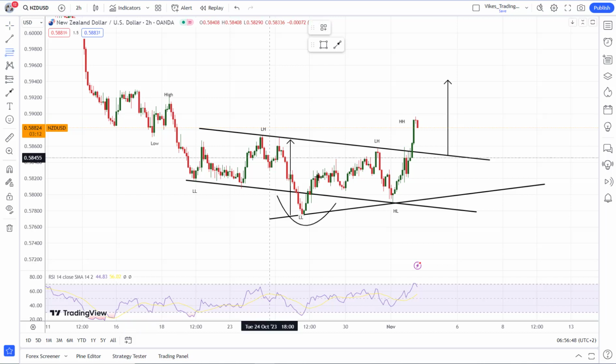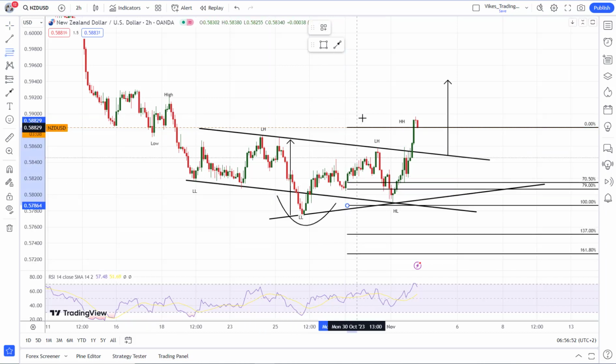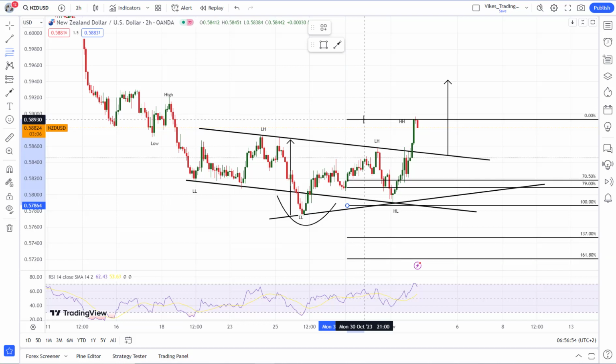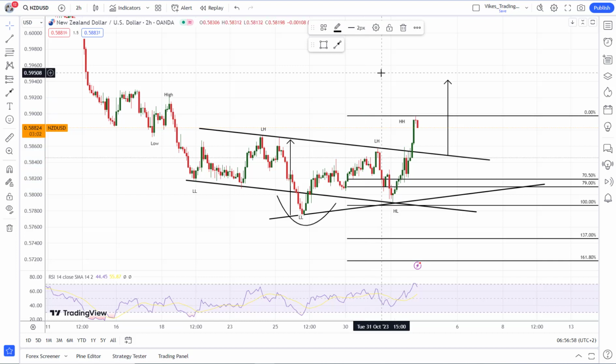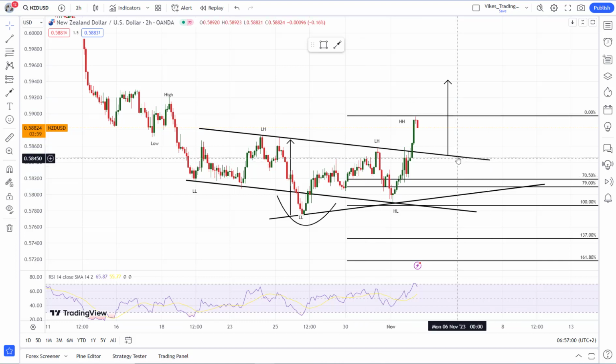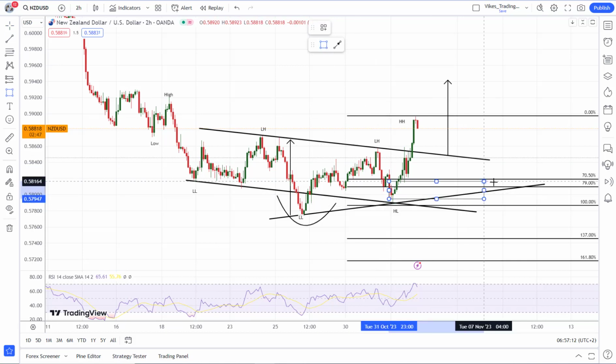So that is one. Second, what I'll be looking for, assume this will be a new high, I'll be looking for either price to react around here, or the next place will be price reaching this bullish order block here, which collides with our 79% Fibonacci level.